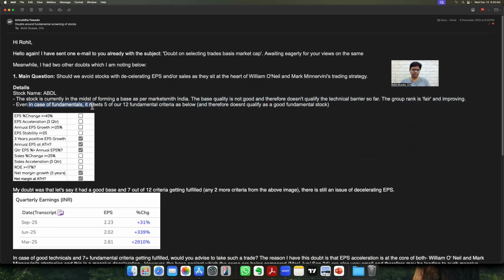Even in case of fundamentals, it meets 5 of our 12 fundamental criteria as below, and therefore doesn't qualify as a good fundamental stock. So now he's talking about the 12 different fundamental criteria. He has given a picture, so he's probably using an Excel sheet. I personally do not use an Excel sheet.